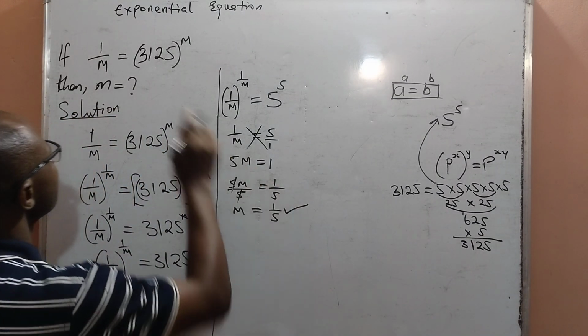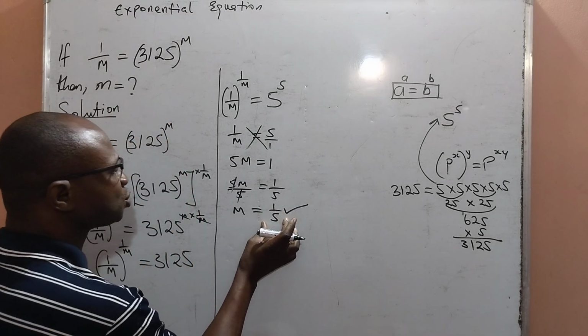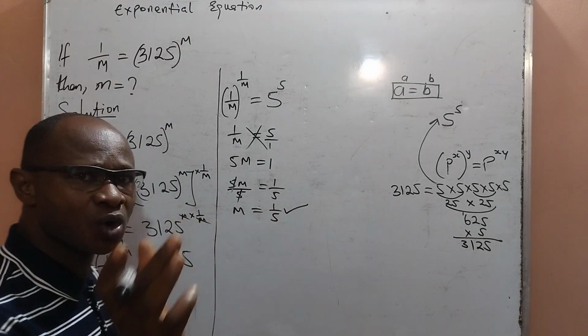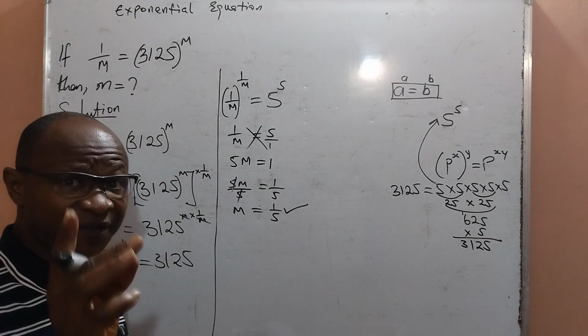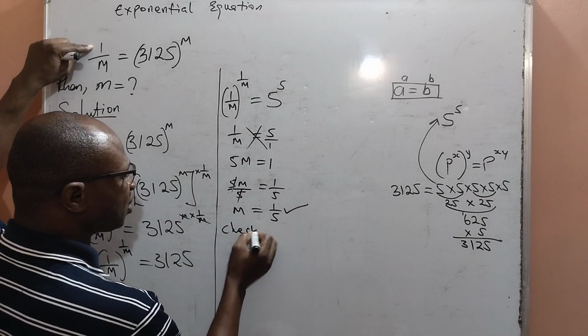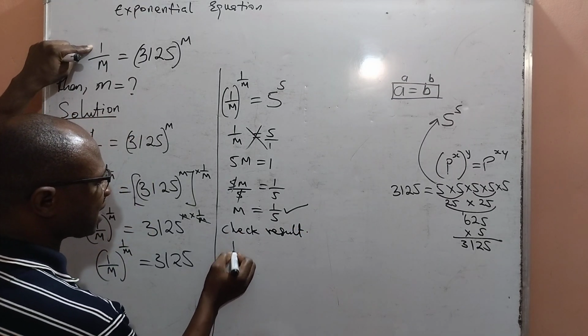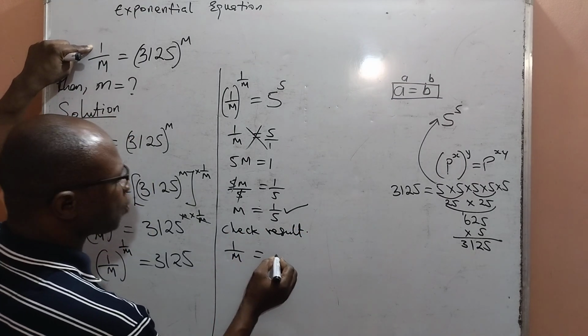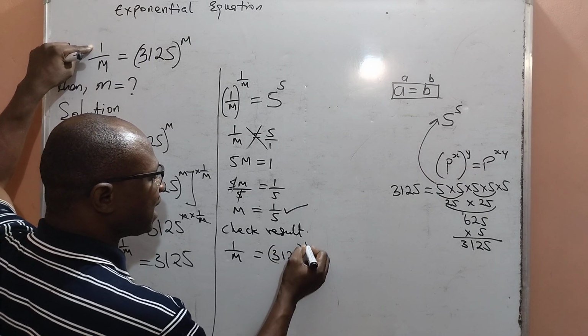The answer. But then, let us authenticate the answer by substituting the value of n equal to 1 all over 5 into the original equation, that is the given question. I am to check my result to ensure that it is very correct. I am given 1 all over n equal to 3125 raised to power n.